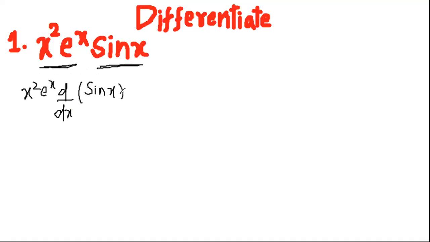So we will leave sine x now. We will differentiate this first term. So you can write d by dx of x square e to the power x.